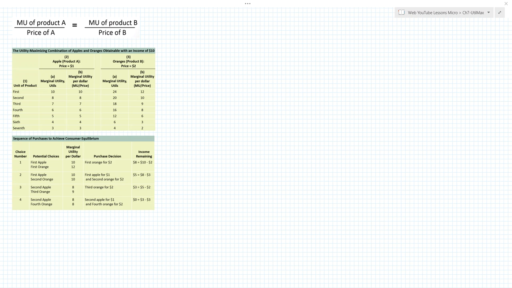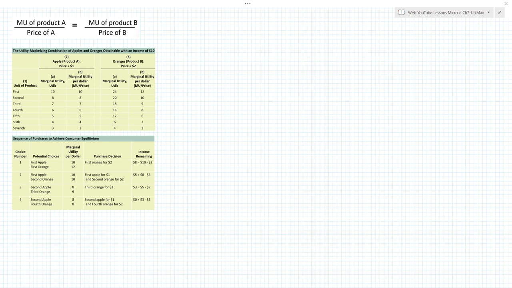And to understand that, I think it's helpful to understand that you can think of the marginal utility of something per the dollar price that you pay for something as like the bang for the buck that you get out of consuming that product. In other words, per dollar spent on that product, how much additional utility do you get?